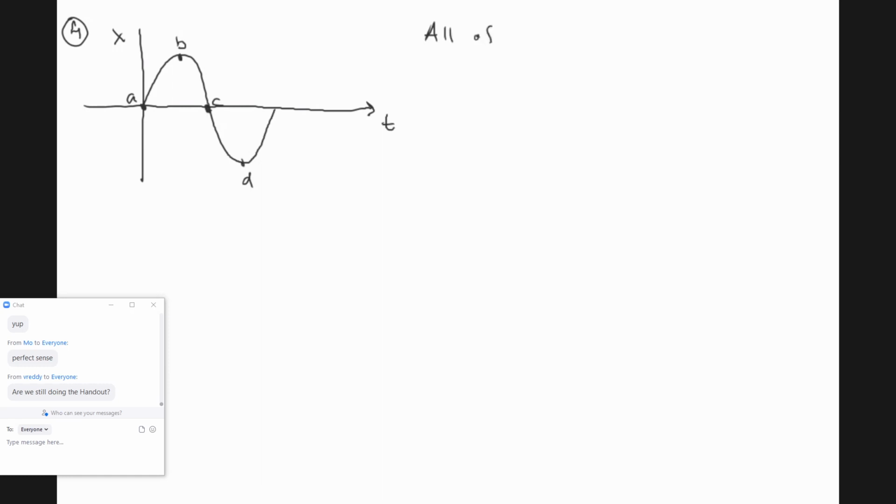All of the following are true except: 1. Speed is constant from A to B.